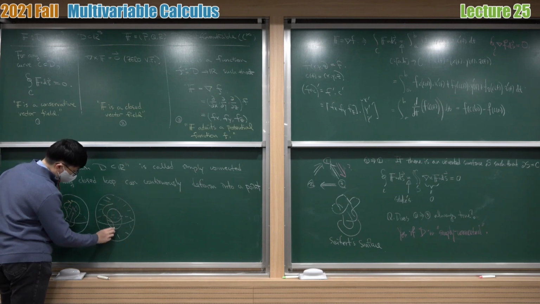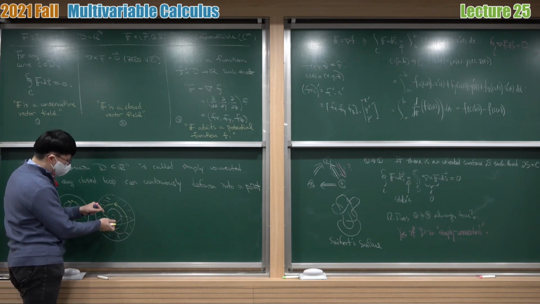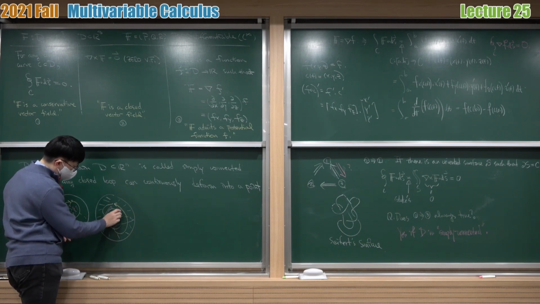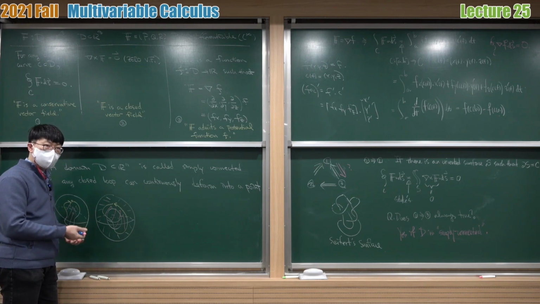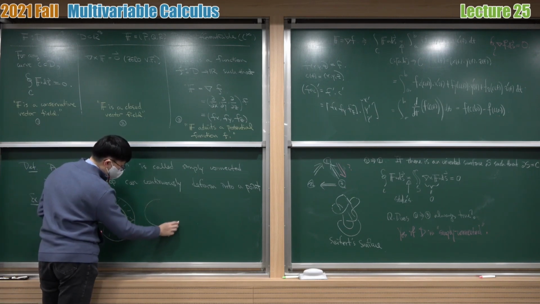Also, let's talk about a loop in this volume. Since it's three-dimensional, I can move away from the small ball and still make my loop into a point continuously. But let's think about this case.